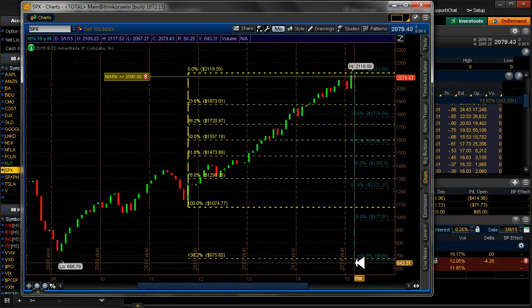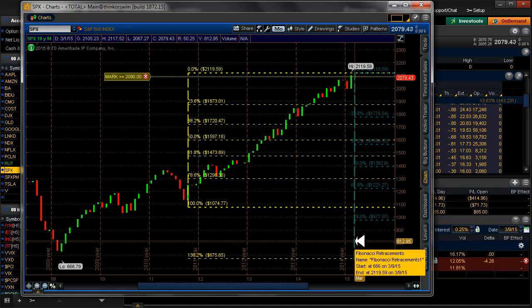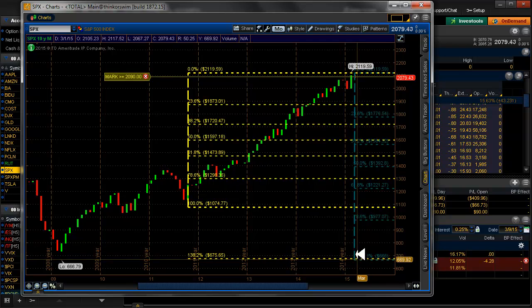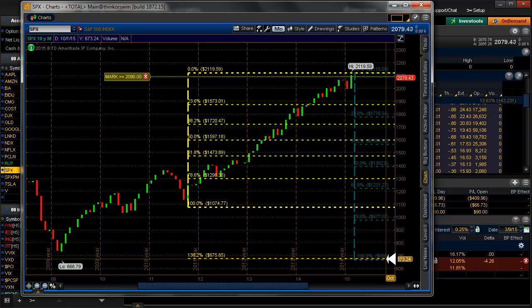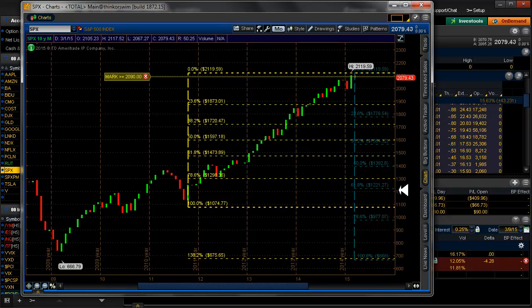Well, it's supposed to be anyway. Let's see here. Is it going to tell me? Yeah, start at 666 on 3. Oh well, I just made it a straight line. Sorry. So anyway, the 100% retracement is down to 666 here.